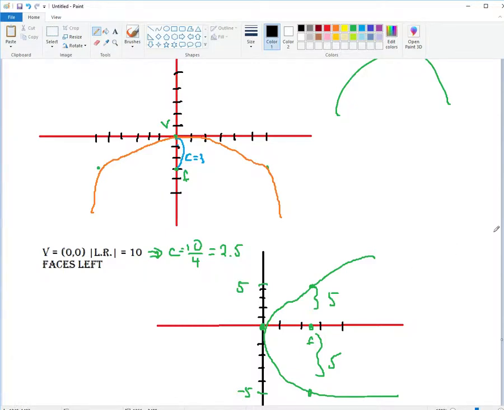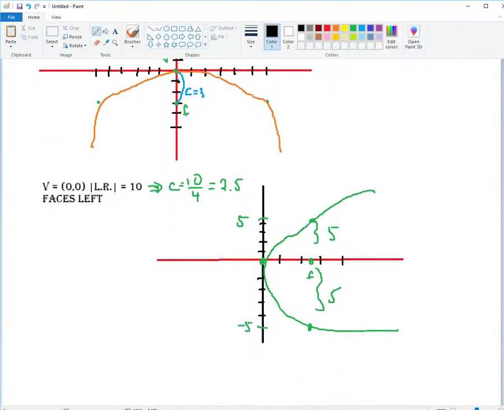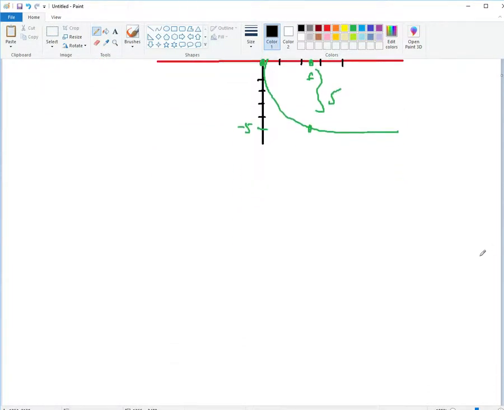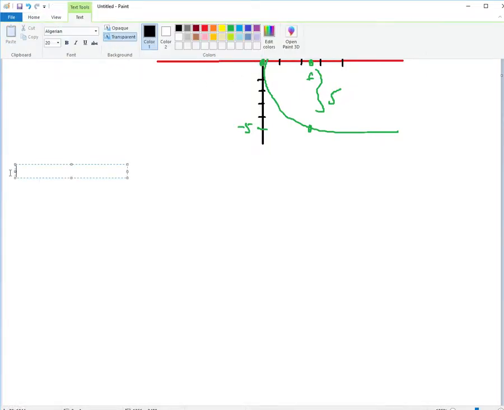All right. Now let's look at what if we had parabolas that did not start at 0, with no vertex at 0, 0. So now we're getting into parabolas with parameters h and k.